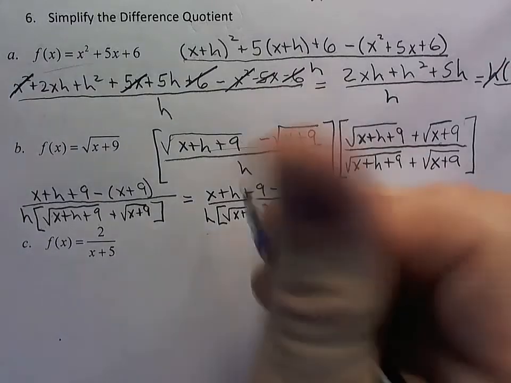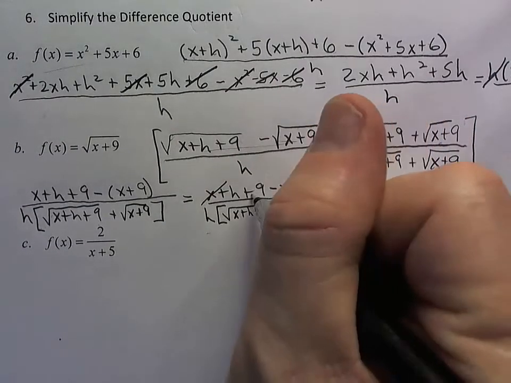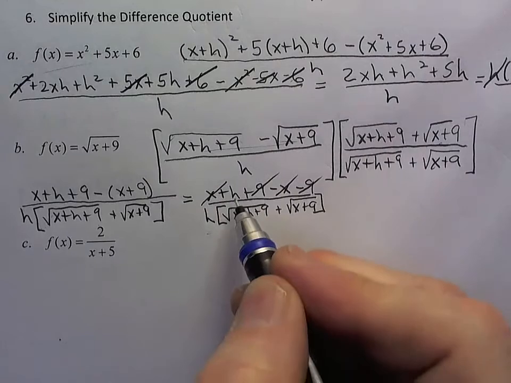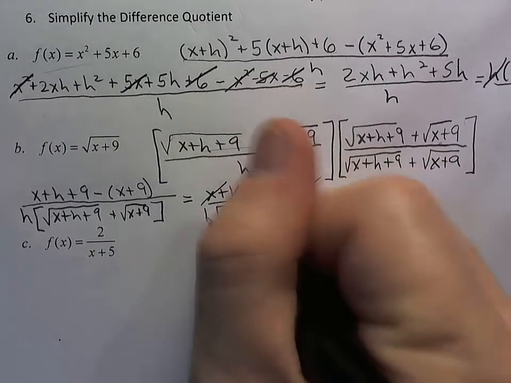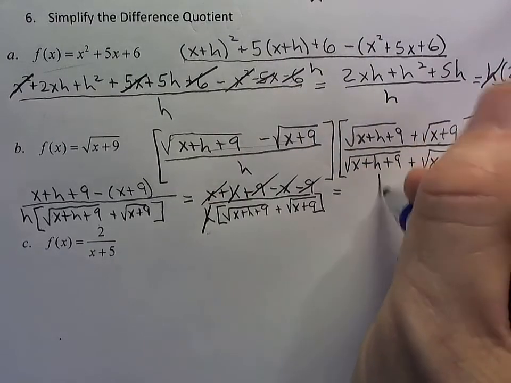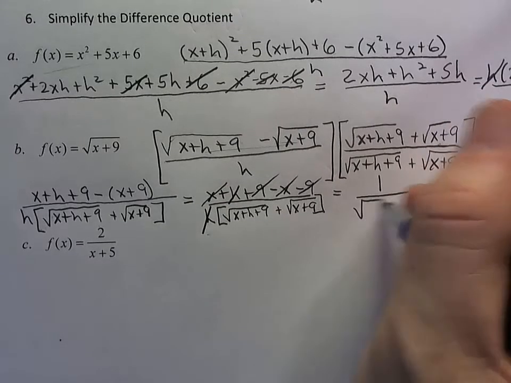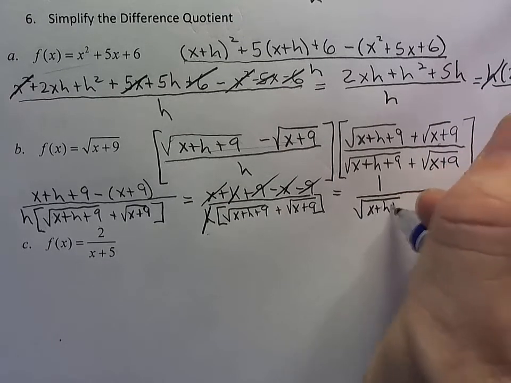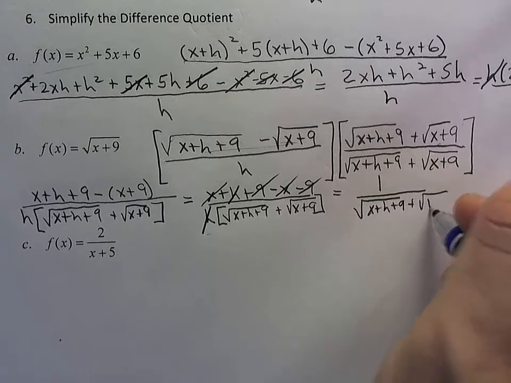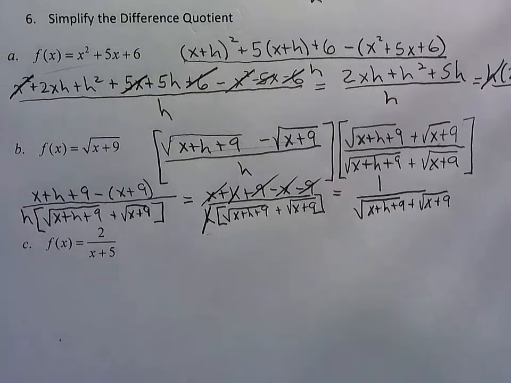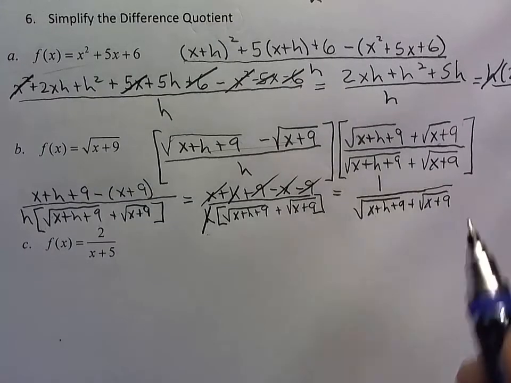Just leave the bottom the way it is. Now these x's cancel, these 9's cancel. Now you can see this h will cancel with this h, and we're done. So we've got the square root of x plus h plus 9 plus the square root of x plus 9. There we have it. And at that point, we're done with that problem.